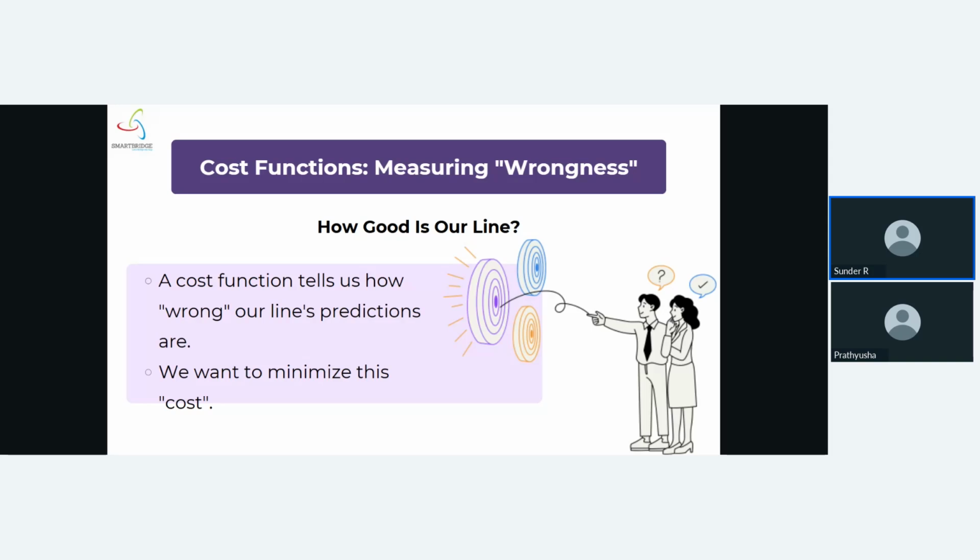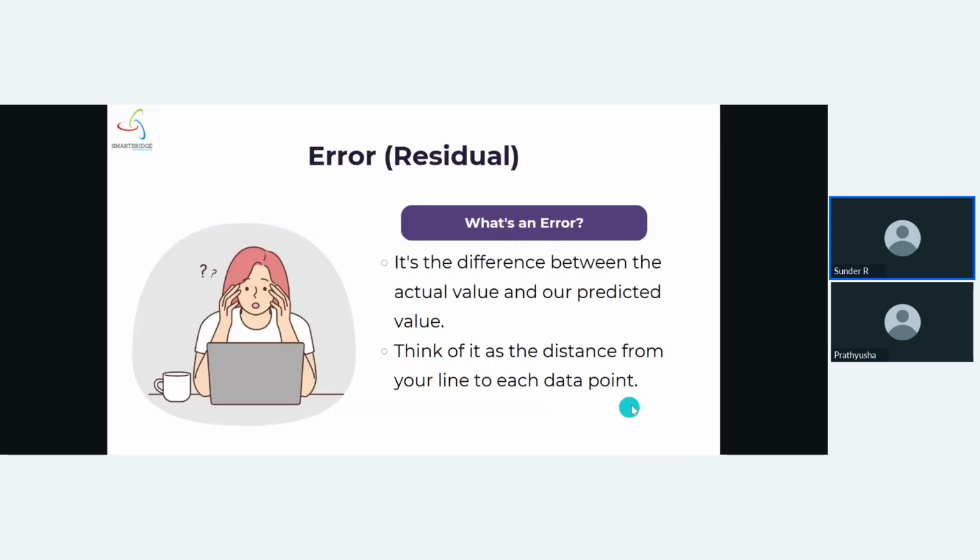So what we have to do is make sure we minimize that. Is it clear? We have to reduce the error. By doing that, we can say our prediction is good, and that whatever prediction we are making is accurate. Is it clear or not? So what is an error?